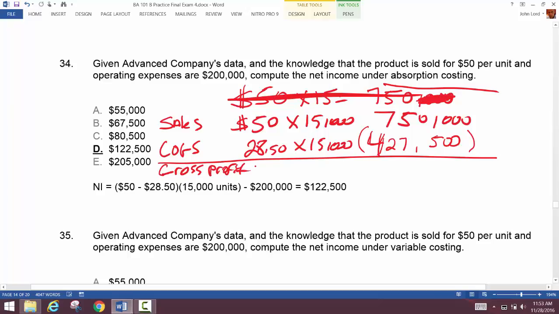You're going to have to know all these terms, guys, to answer a question like this, right? So 750,000 minus 427,500 gives me 272,500, you say? Like that? Okay, that's all right.